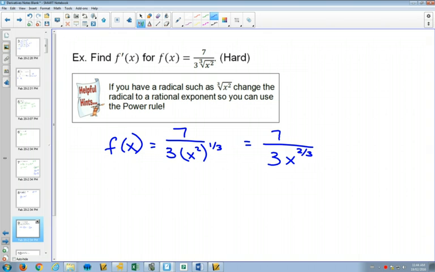It's still not in the form that we can do our power law with. We have to move that x to the 2/3 to the top of our fraction. Again, the 3 will stay on the bottom, and now when we move that to the numerator, it'll be x to the negative 2/3.